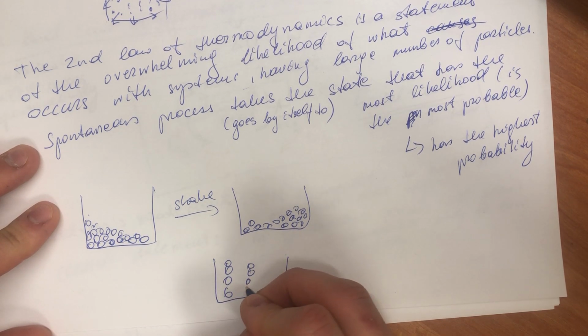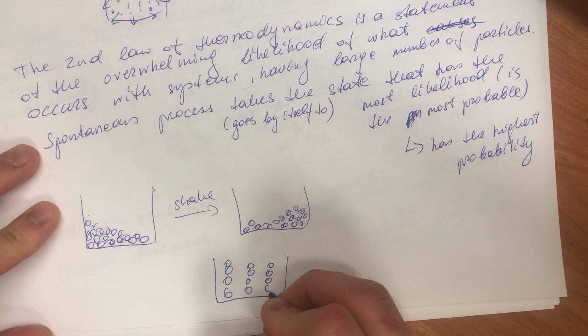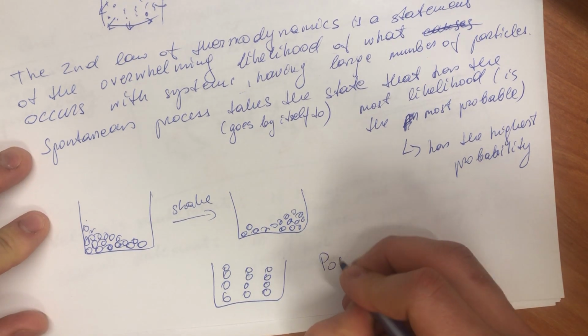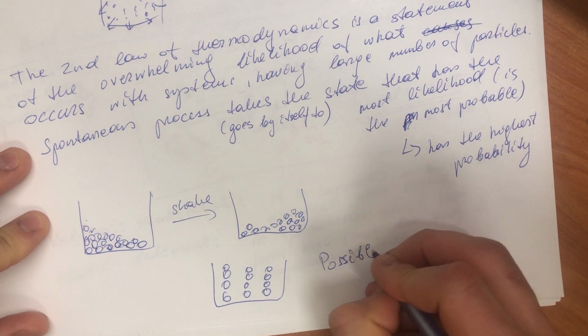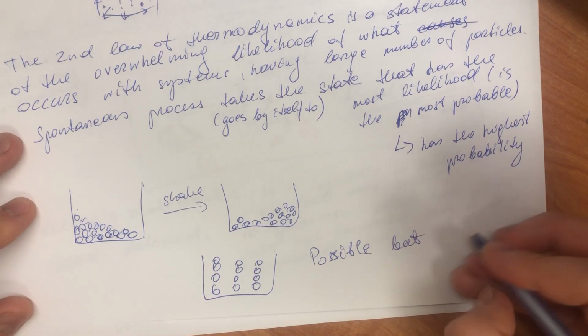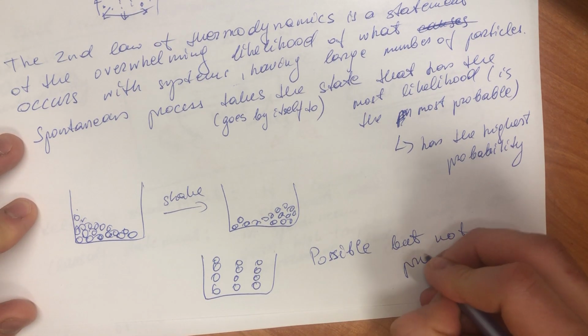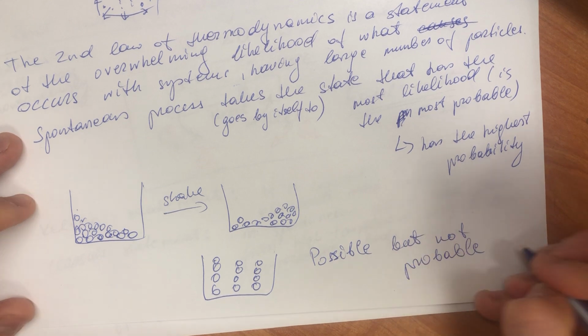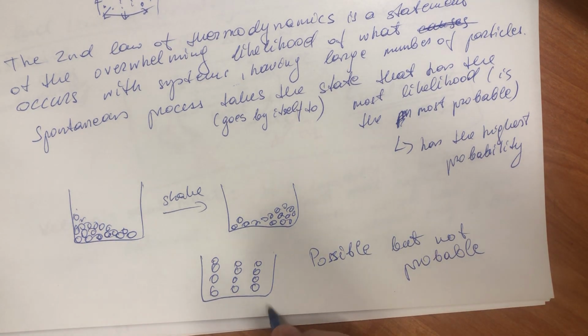Although it is possible, it is not probable. Very unlikely this occurs. For this to occur, we would need to wait for more than the lifetime of the universe. So it is possible but not probable.